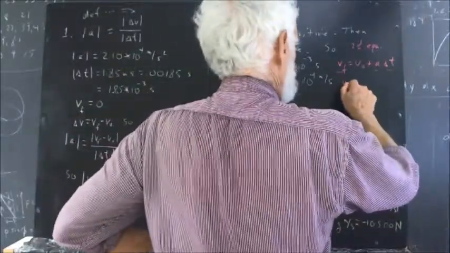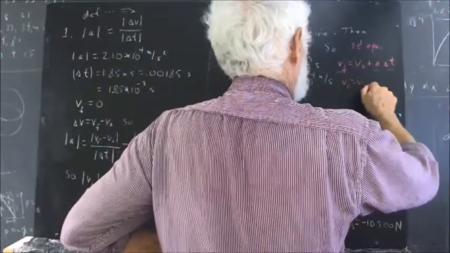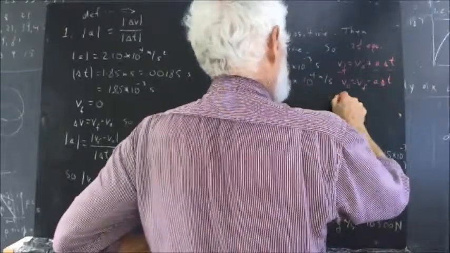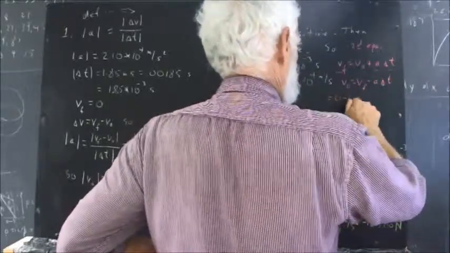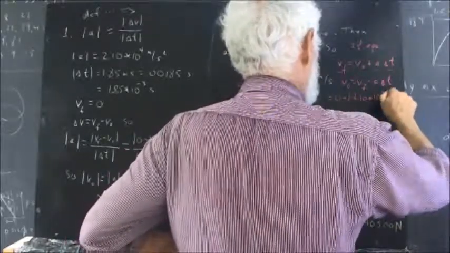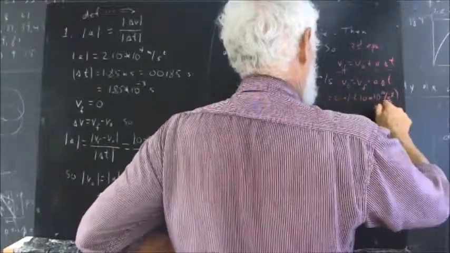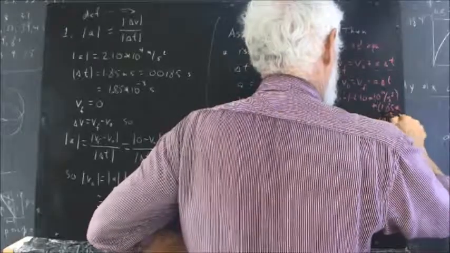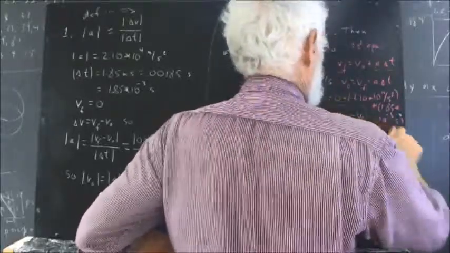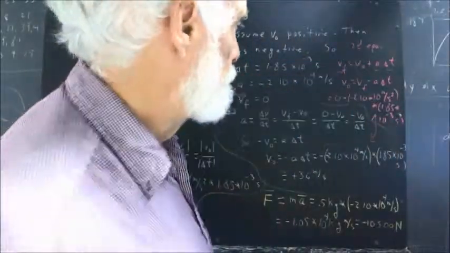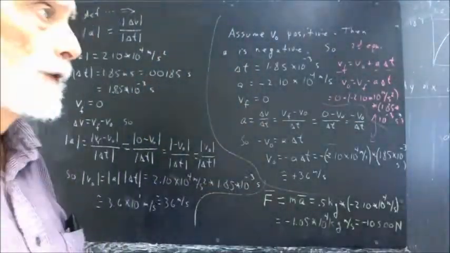So we get V naught equals Vf minus A delta T. In this case, that's going to be 0 minus your negative 2.10 times 10 to the fourth meters per second squared multiplied by your 1.85 times 10 to the negative third seconds, and this calculation is identical to this calculation. So had we used the equations of motion, we would have come out with very similar expressions and identical results.